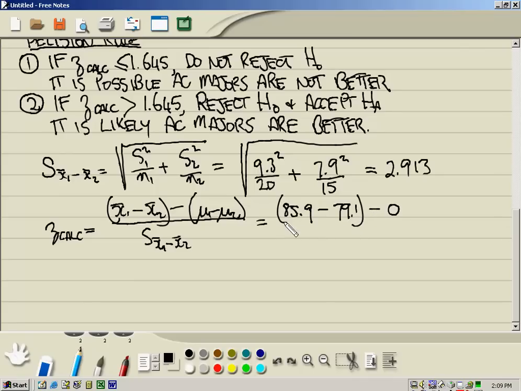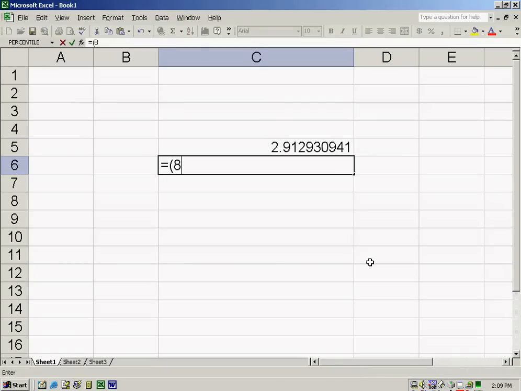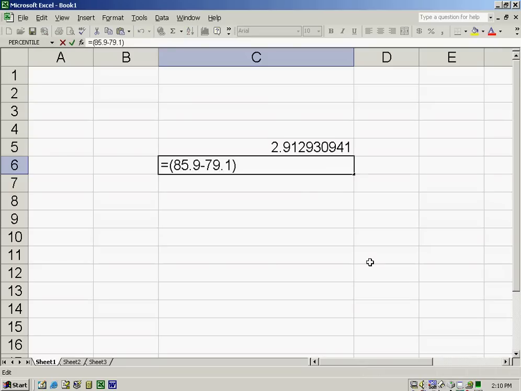The hypothesized difference is always 0, divided by the standard deviation 2.913, and let's go back to Excel to work that out. So this is equal to 85.9 minus 79.1 divided by the standard deviation, and that's 2.334.